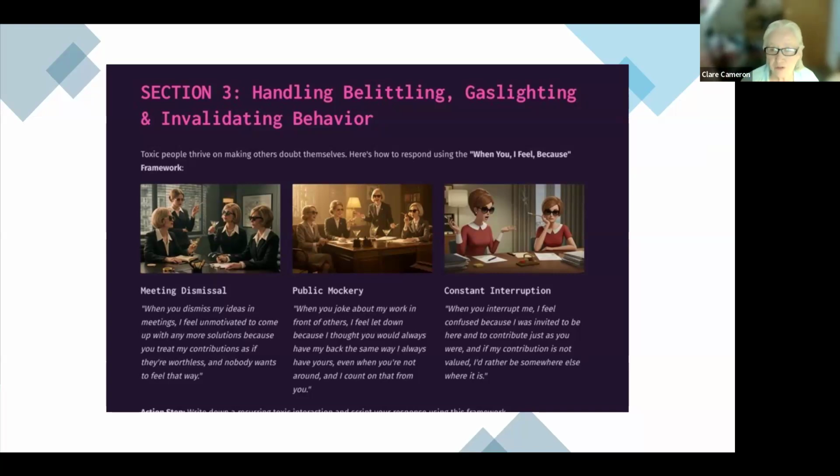I feel this when you do that. That's all you need to do. You don't need to go through the whole thing. Of course, it's better to do the four elements, but you can use just the two.